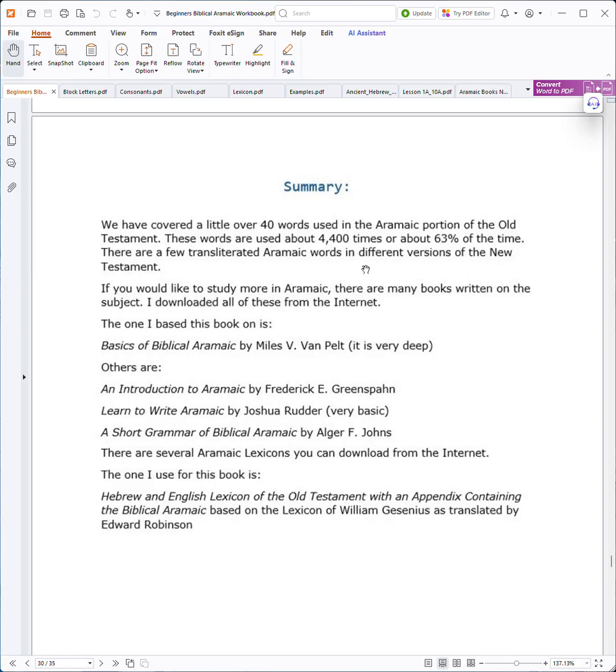Abracadabra is a transliteration of an Aramaic word. Paradise is a transliteration of an Aramaic word. Satan is a transliteration of an Aramaic word. So many of the words that we see in our Bible today are transliterations of Aramaic words in the New Testament.